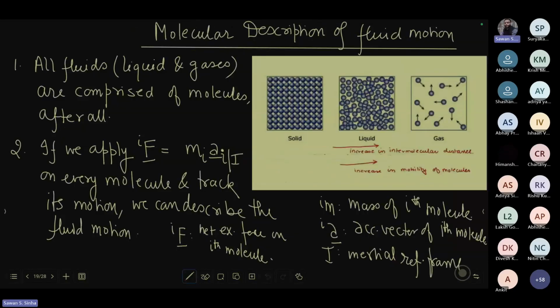Let's first talk about the molecular description of fluid motion. What do I mean by molecular description? See, at the end of the day, we all know that all matter is comprised of molecules. Whether it is a solid object, a liquid or a gas, there are molecules down there.